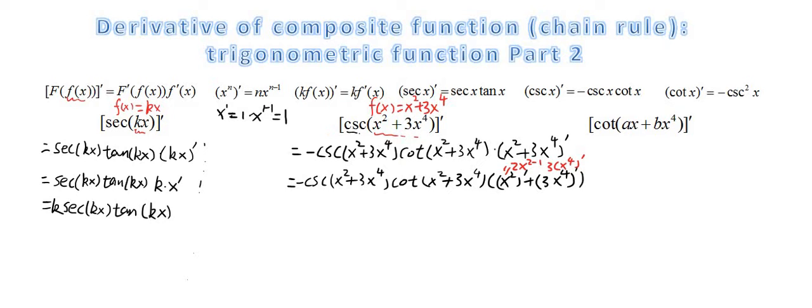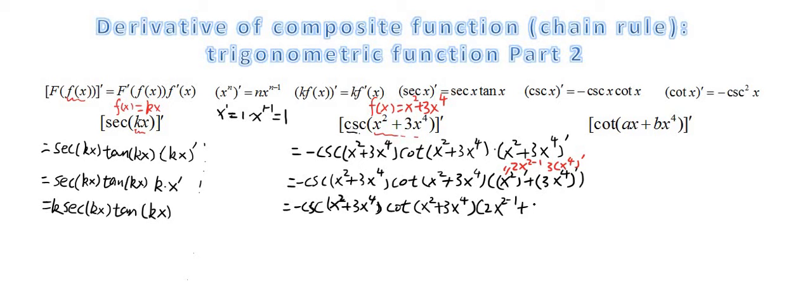So we can write down all the terms like that: negative cosecant of x squared plus 3x to the power 4, times cotangent of x squared plus 3x to the power 4, and for the first term we write 2x to the power 2 minus 1.